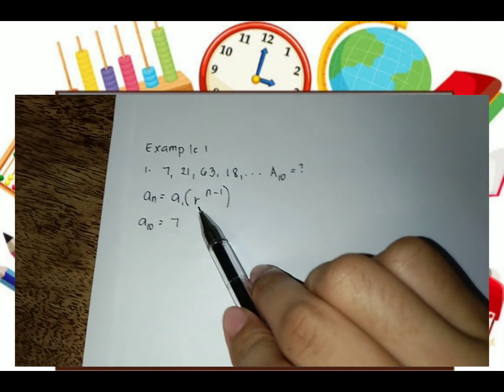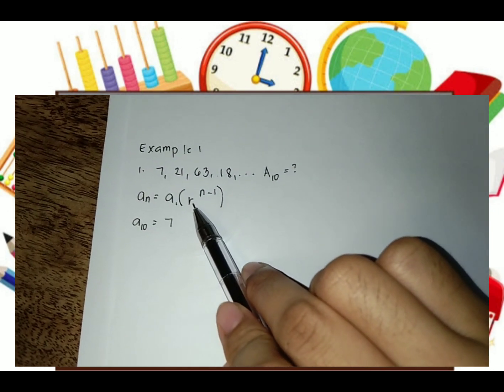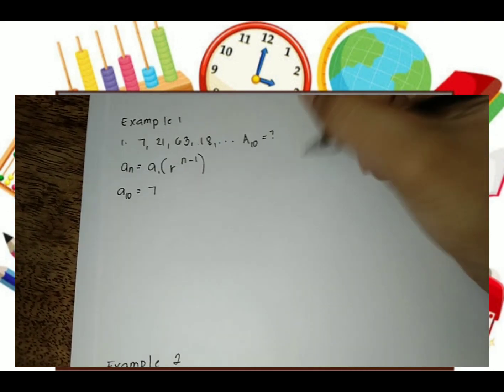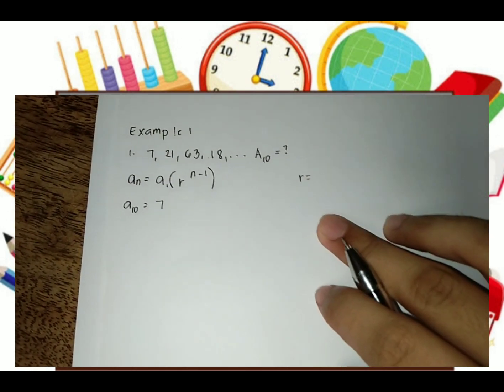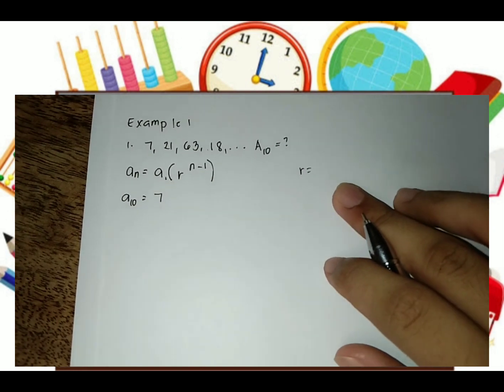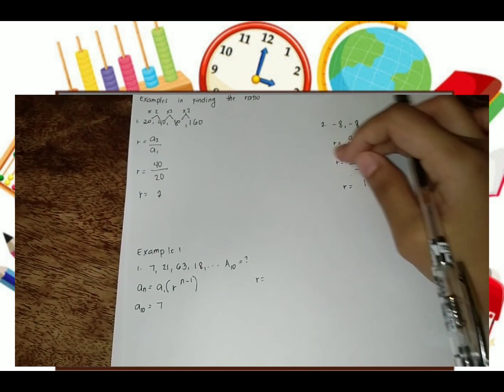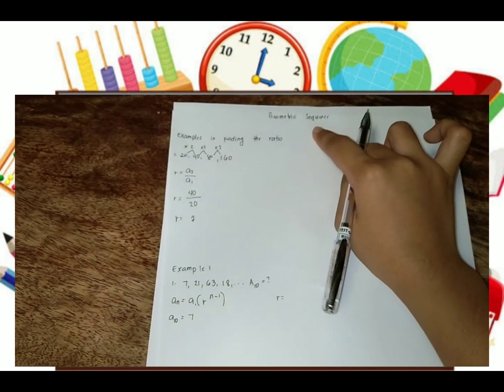Oh, I forgot, we need to solve the ratio first for us to solve the last term. So in getting the ratio, we will write first the formula.